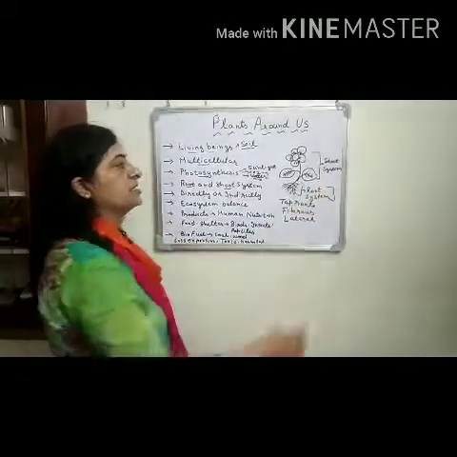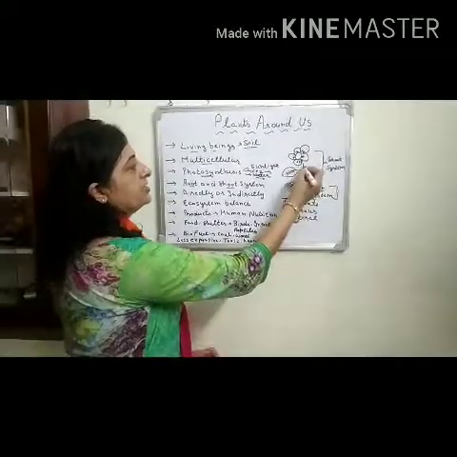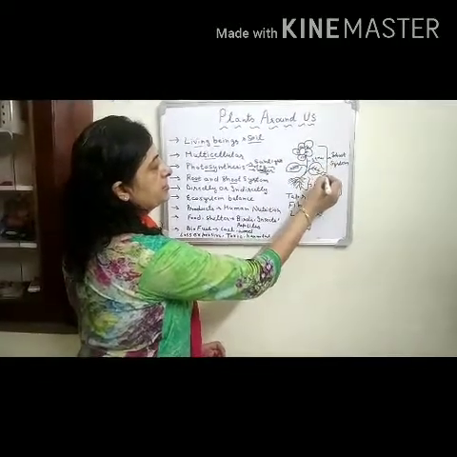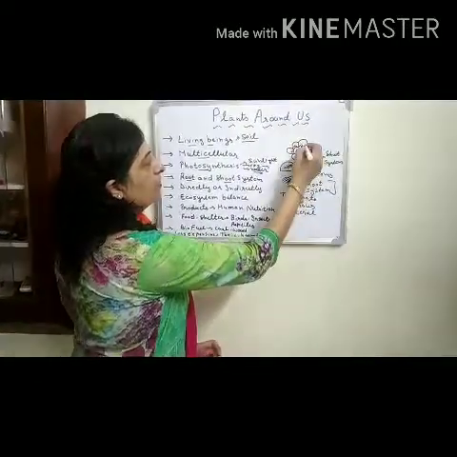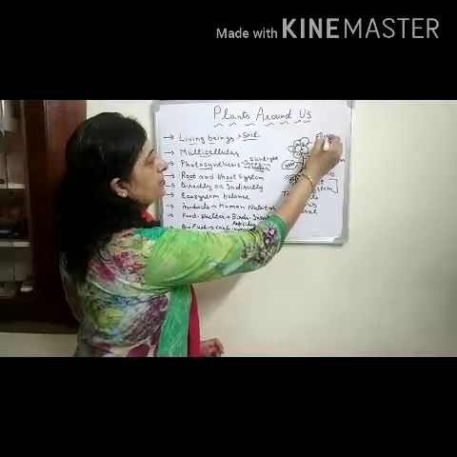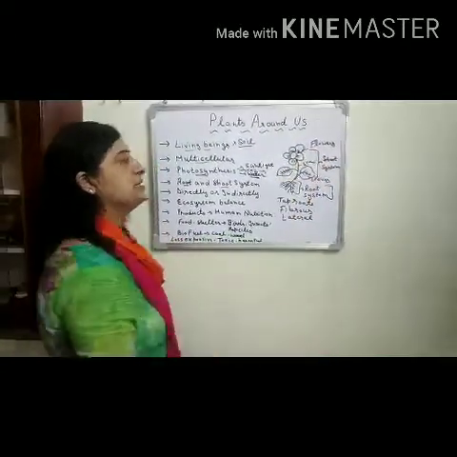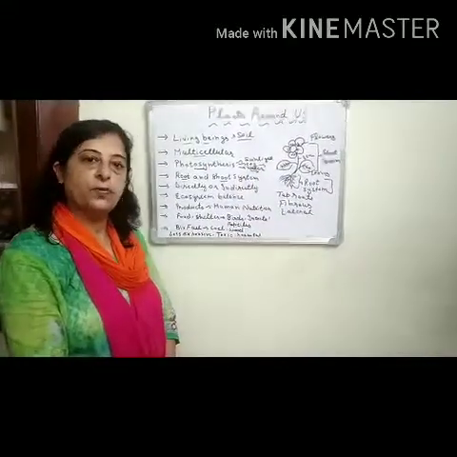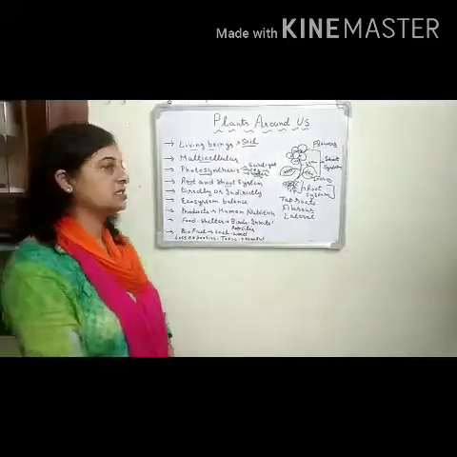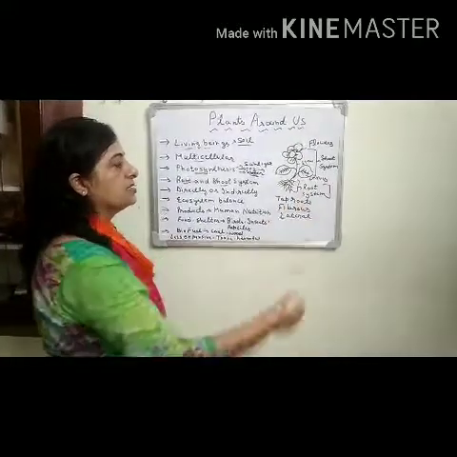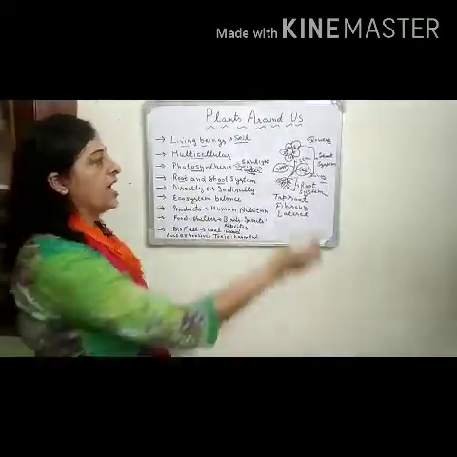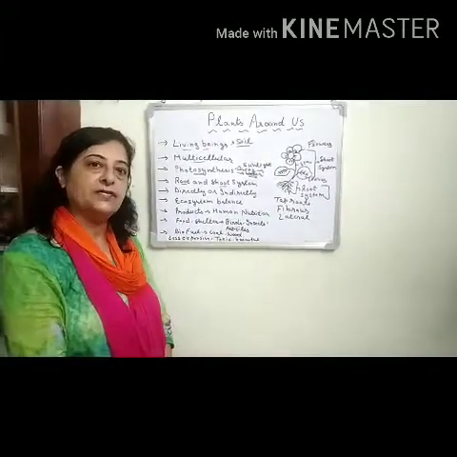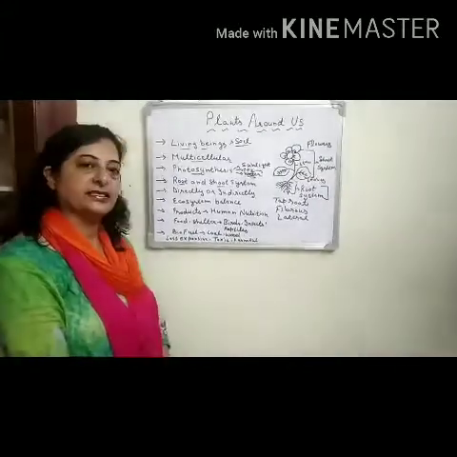And in the shoot system we can see stem, leaves, flowers and seeds. So plants can be divided into 2 parts: root system and shoot system. Root system comprises different types of roots, and the shoot system comprises flowers, stems, leaves and seeds, etc.